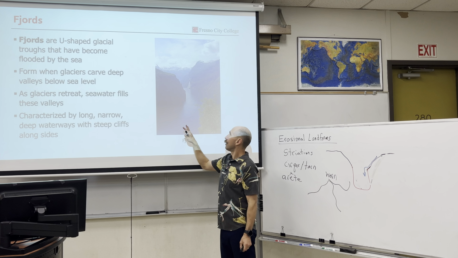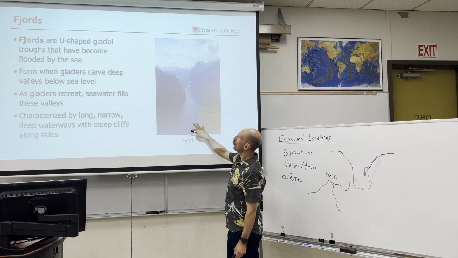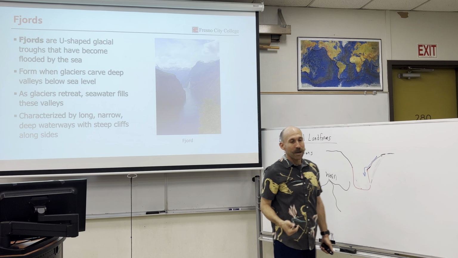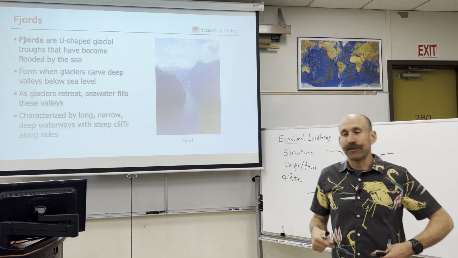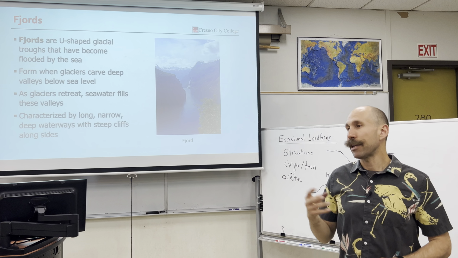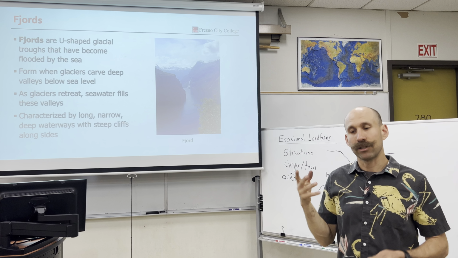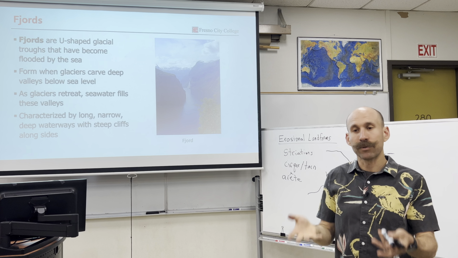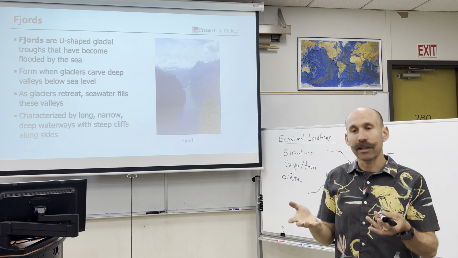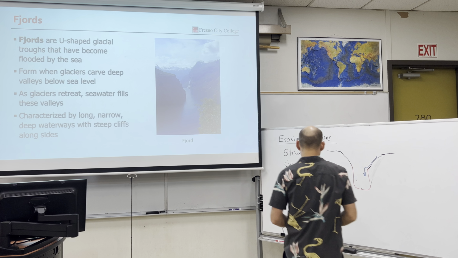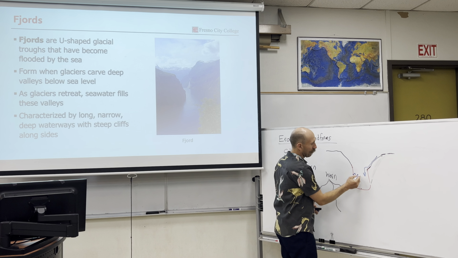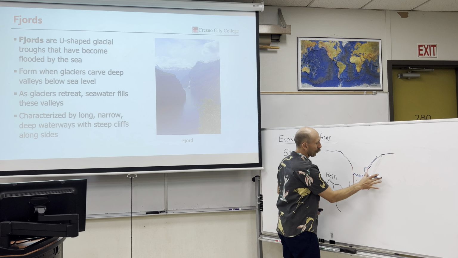Fjords. So fjords are U-shaped glacial troughs that have been flooded by the sea. So this is where you have changes in sea level and plate tectonics both interacting to create a submergent coast where sea level has risen relative to the landscape. The landscape has previously been carved by glaciers, and essentially you would have this U-shaped valley now filled with water.